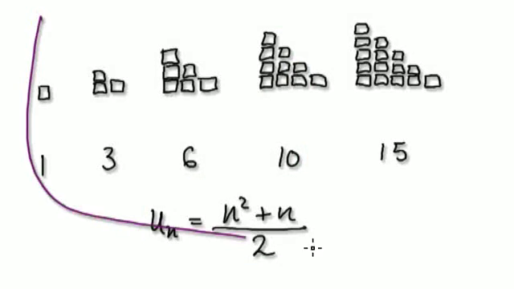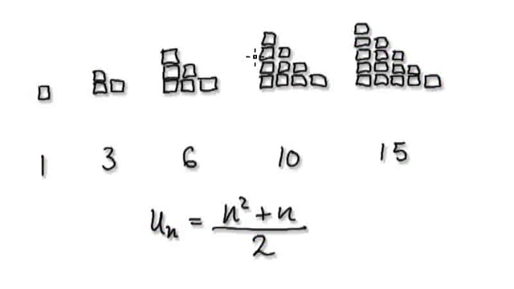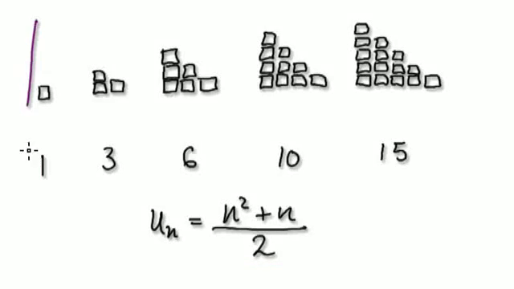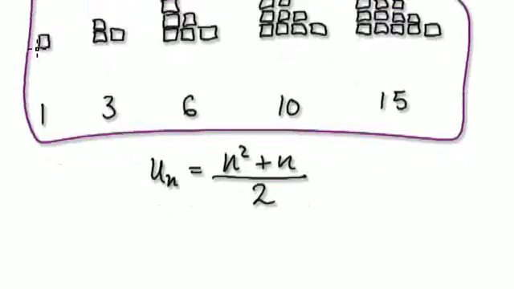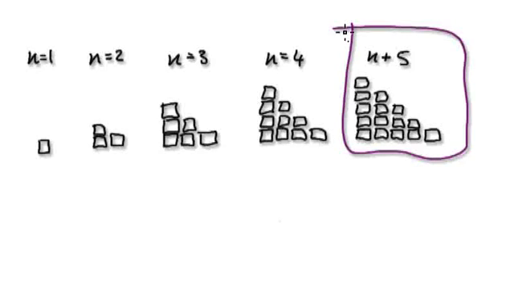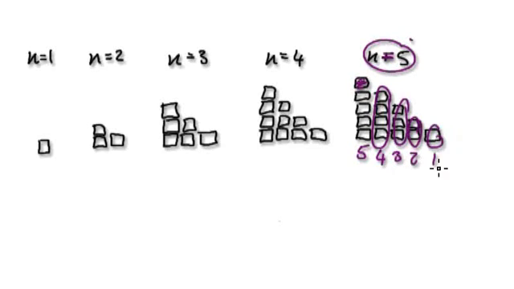So when you come to do this, by the way, our method here will work for any sequence. But this sequence here is quite simple. If you look at when n equals 5, this is your 5, this is your 4, this is your 3, this is your 2, this is your 1.